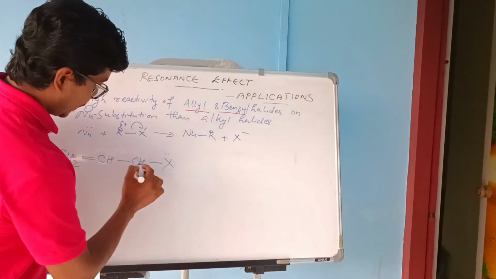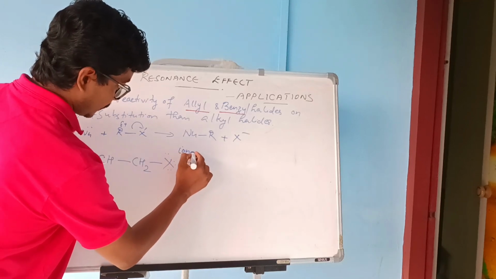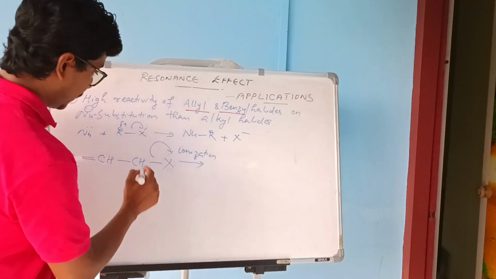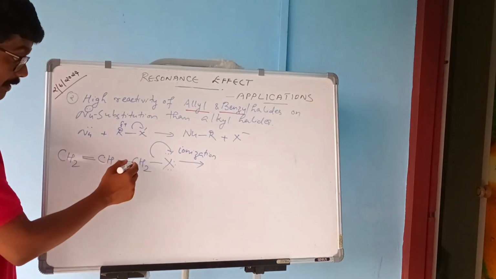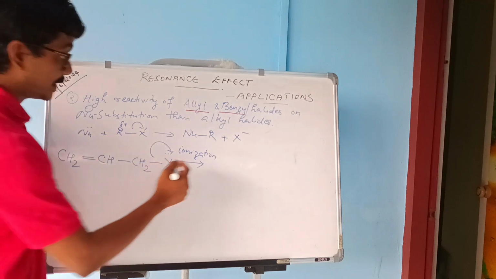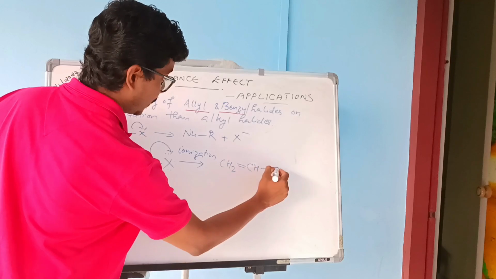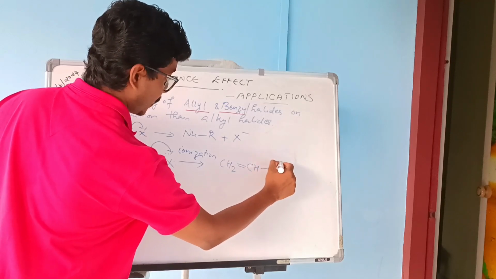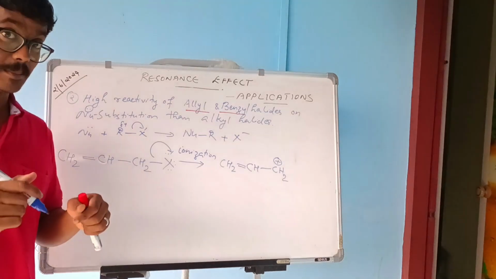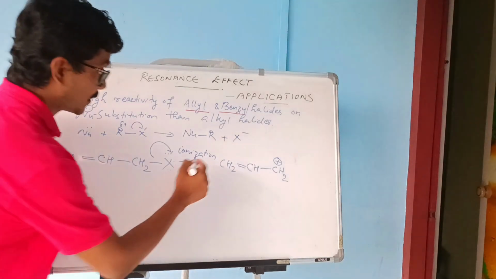Because when it goes to ionization, this will go to here. When it goes to ionization, the suddenly formed organic intermediate is CH2 double bond CH single bond CH2 positive, the allyl carbocation, which would be less stable, but which is stabilized through resonance.